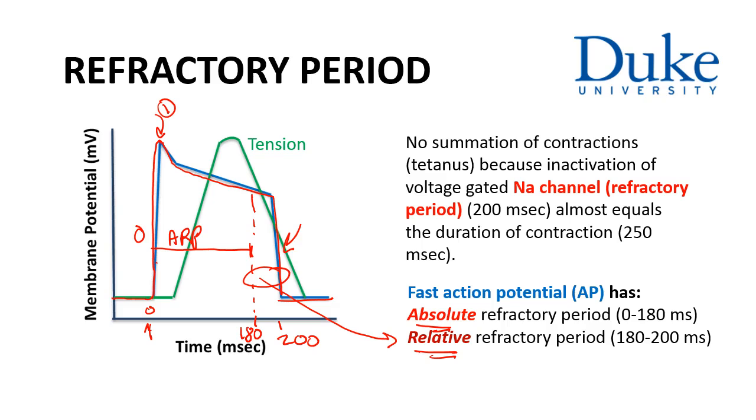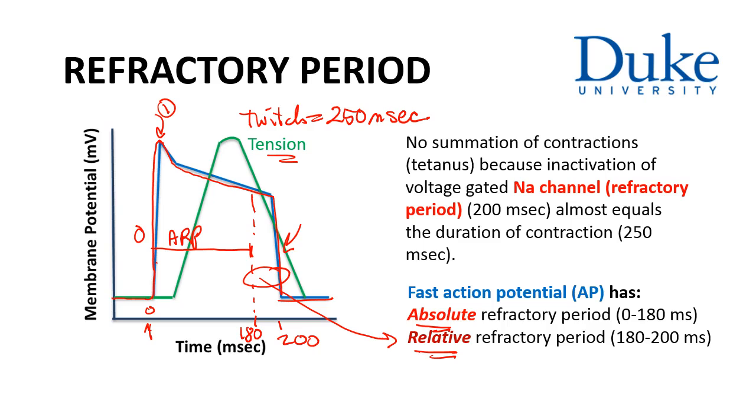Now, the thing to notice about this diagram is that we've superimposed the time of the twitch, that is the single contraction from a single action potential, and that's what's shown here in green. So this tension, that is our single twitch or contractile period, is also diagrammed on the same time scale. And you'll notice that the twitch is very long, and it covers about 250 milliseconds.